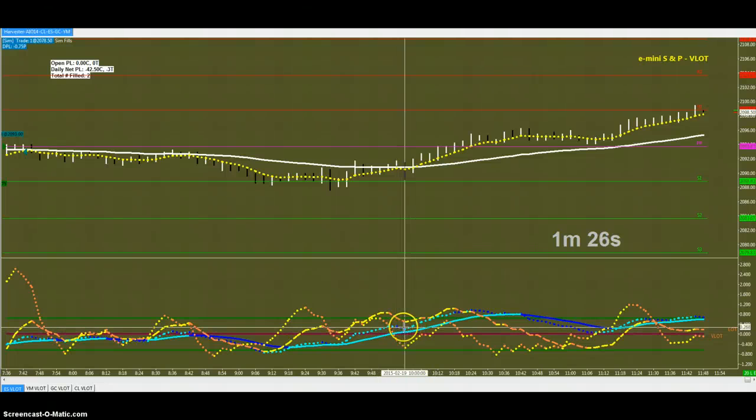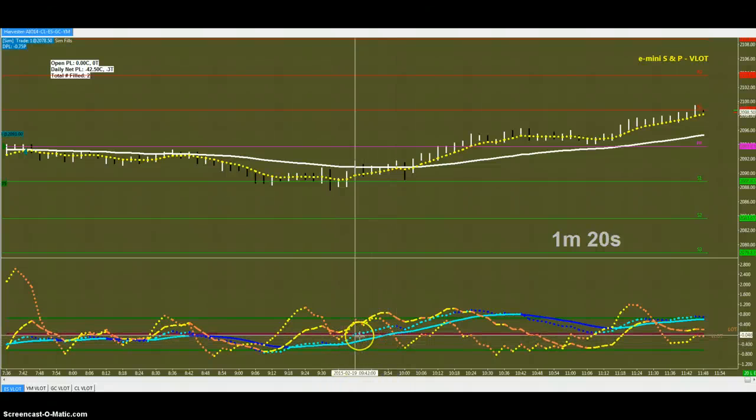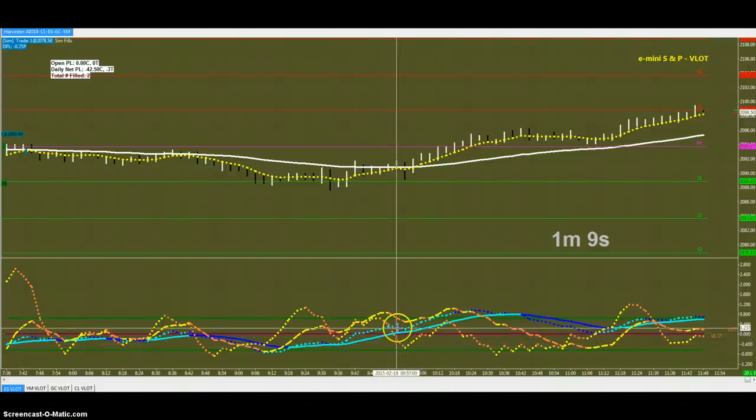Actually, you could get in sooner, but you'd be taking the chance of bouncing off that 0 line because the MACD acts like the jerk does on our STO lines. So there's a possibility that we'd bounce off. So the safe and sure is to wait for the MACDs to cross.